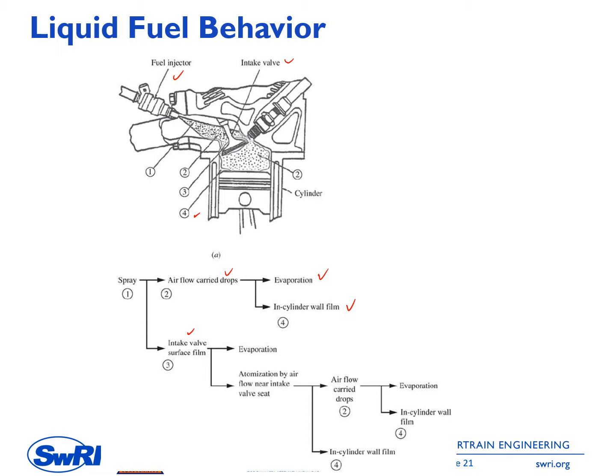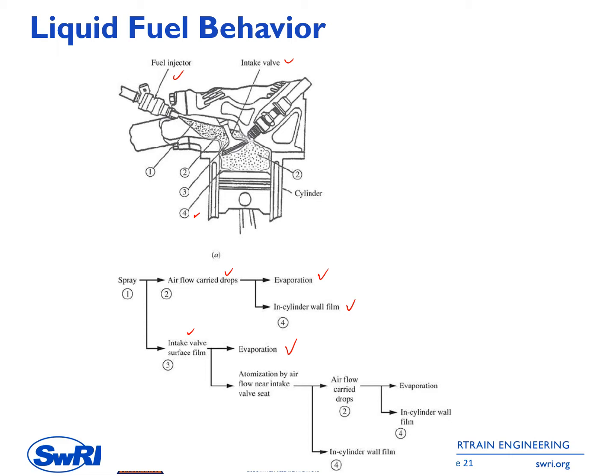With time, some of this liquid film will evaporate, and if the intake valve is still open, it will go to the cylinder in the same cycle. Otherwise, it will stay in the intake port and then will be admitted to the cylinder in the next engine cycle.